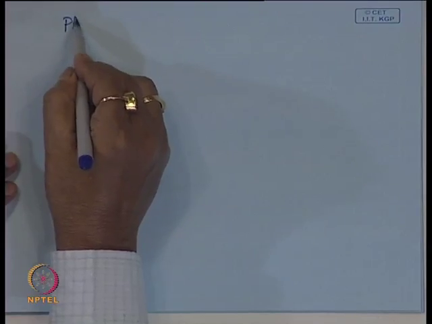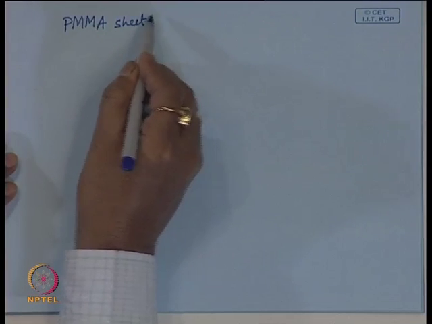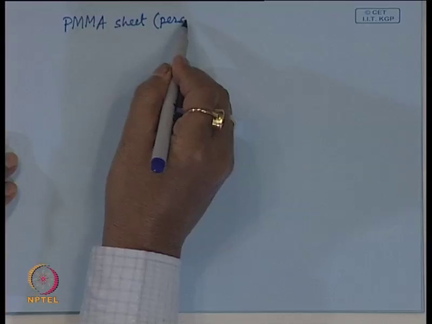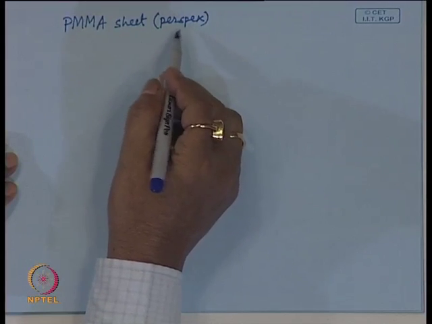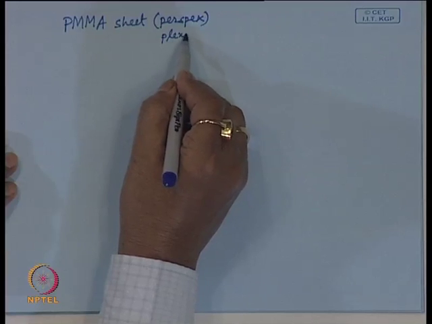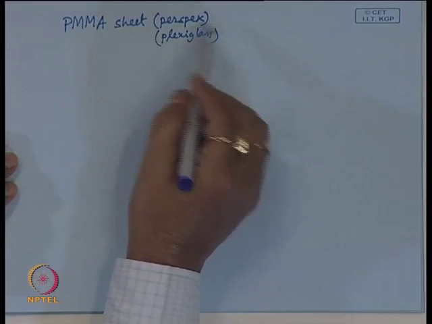Think of Perspex sheet, PMMA sheet, or Plexiglas. These are trade names of this PMMA.